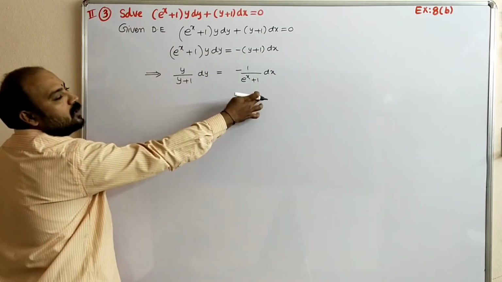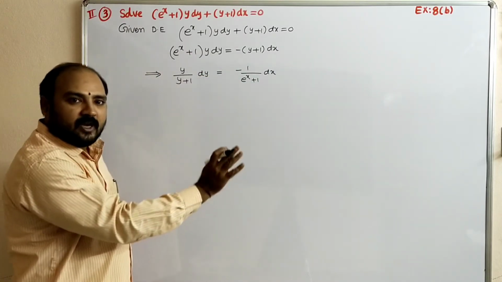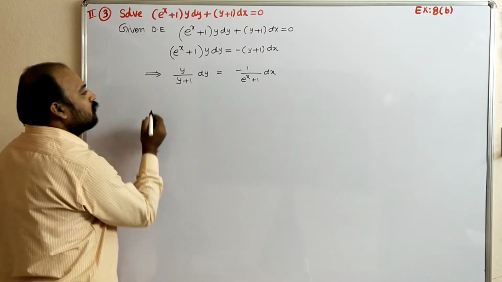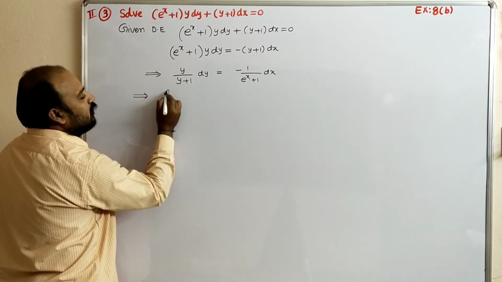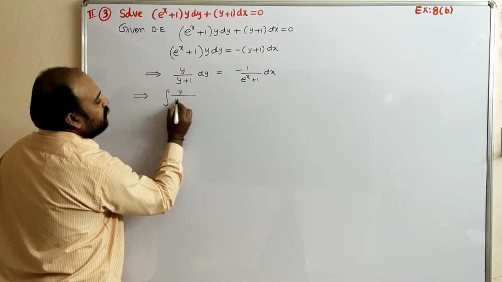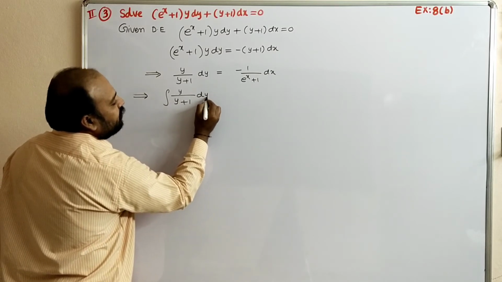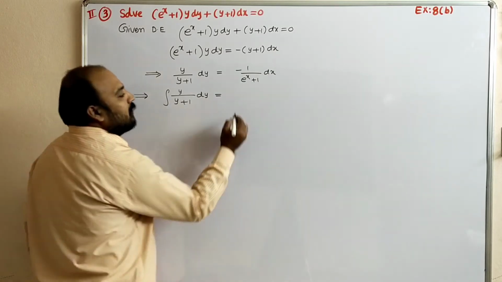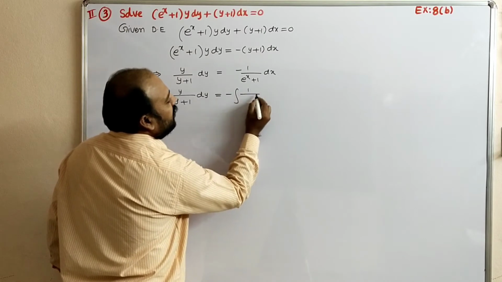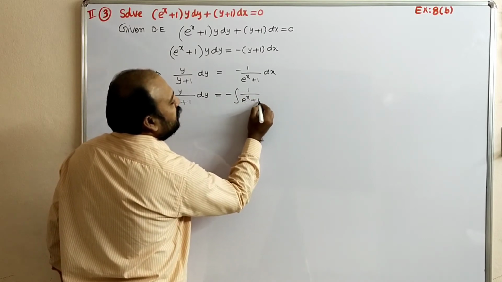Whenever variables are separated, taking integration on both sides, no need to write it every time, directly you can write it: integral y by y plus 1 into dy is equal to minus integral 1 by e power x plus 1 into dx.